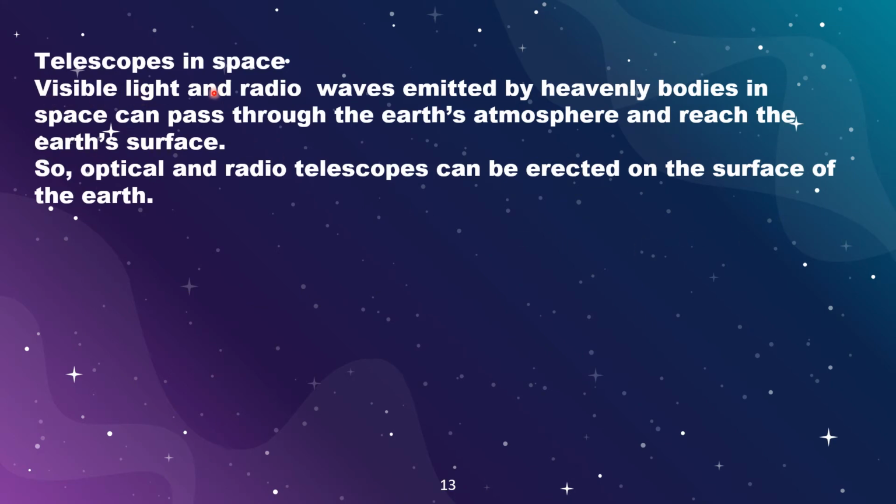Children, visible light and the radio waves which are emitted by the heavenly bodies in space can very easily pass through the Earth's atmosphere and reach the Earth's surface. So these waves as well as visible light can be very easily trapped and recorded and seen and studied very clearly with the help of optical and radio telescopes. So optical and radio telescopes can be erected on the surface of the Earth.